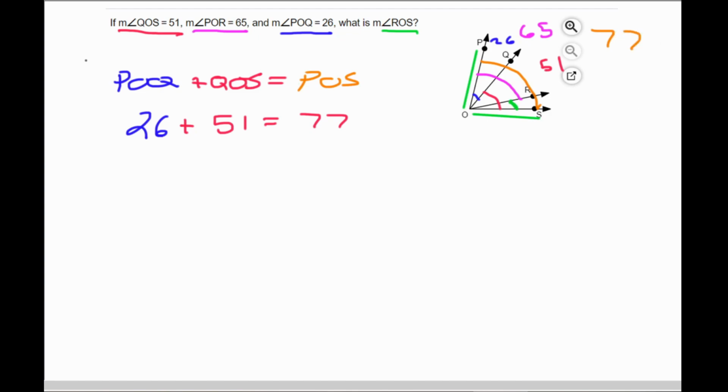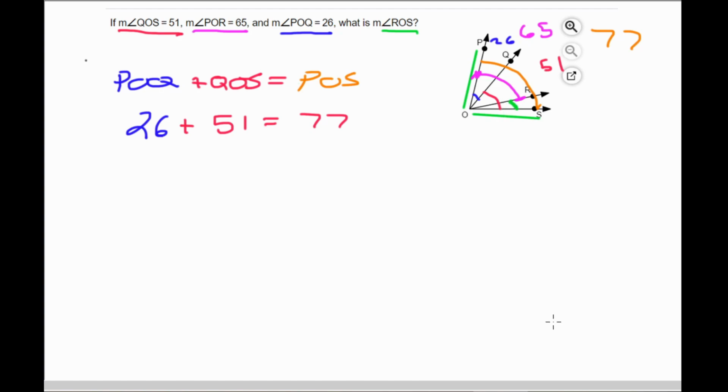Now I'm going to look at, is there something I know that I can subtract from 77 to get just this little piece right here? Well, if I start here, let me go to purple. Let's look at our purple line. I'm starting here and I'm ending here. So if I know that the whole thing is this, I'm going to call it orange line, and I subtract out my purple line, I'll be left with just my green line.